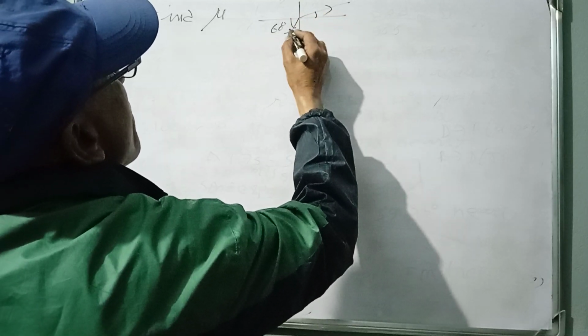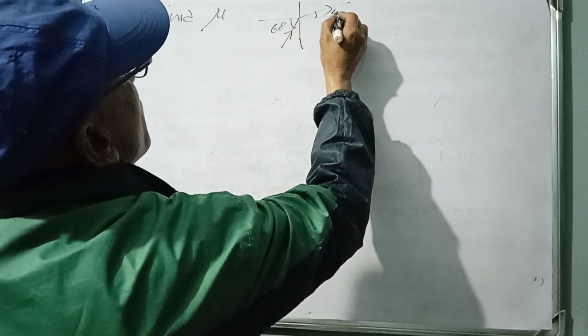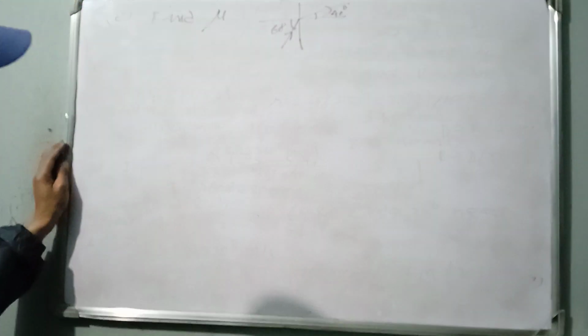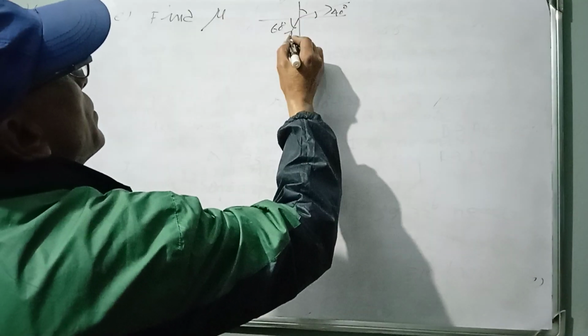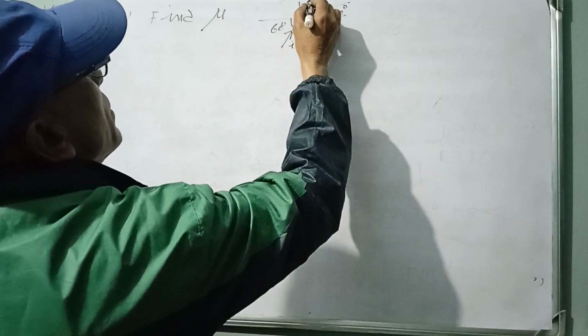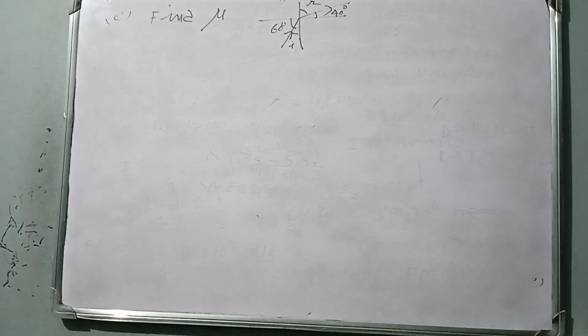Suppose it is 40 degree. How to find the refractive index? This is I, this is R. How to find the refractive index? Since the light is going from a denser medium to a rarer medium, you have to know that light is going from denser medium to a rarer medium.